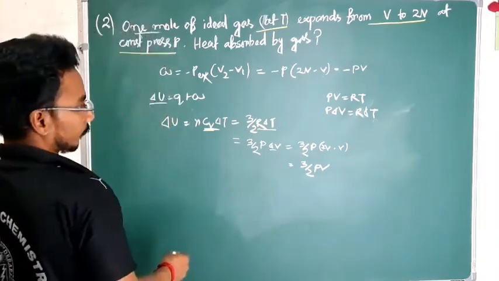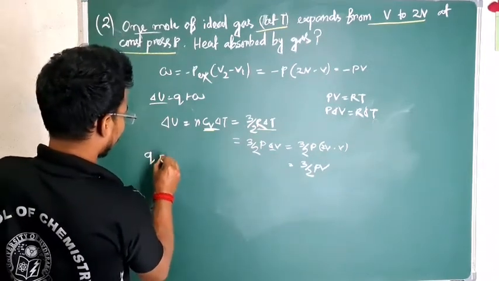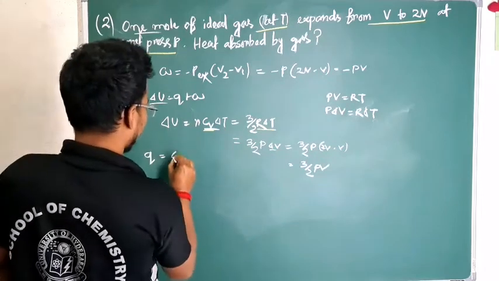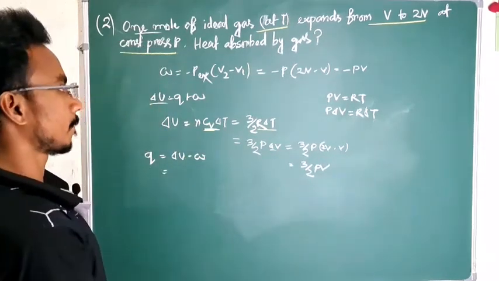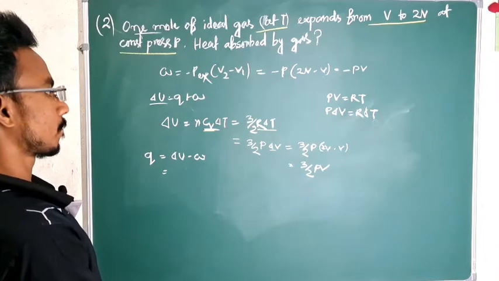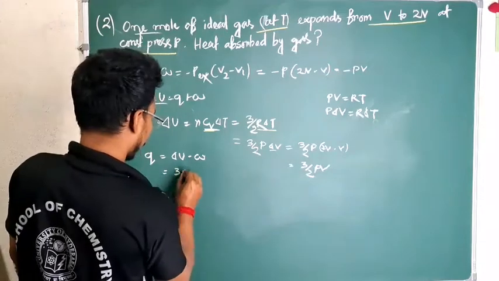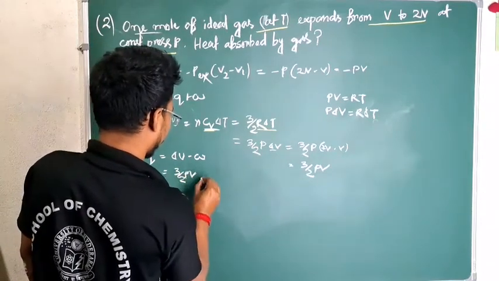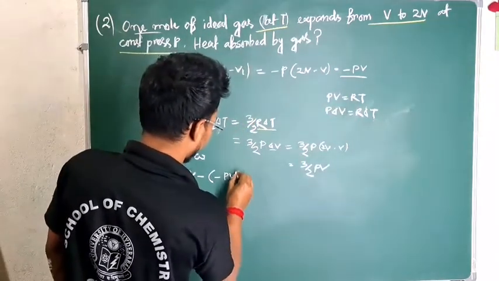So now we will calculate the Q. Our Q equal to delta U minus W. So delta U equal to here 3 by 2 PV, minus W equal to minus PV.